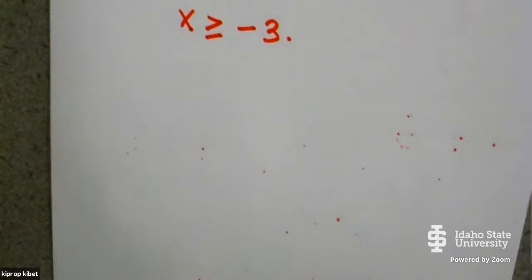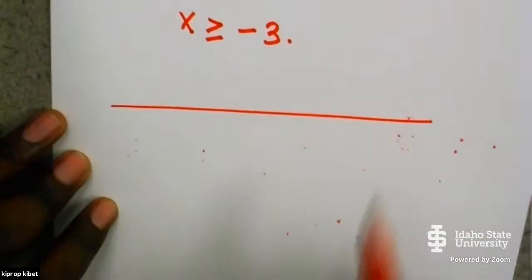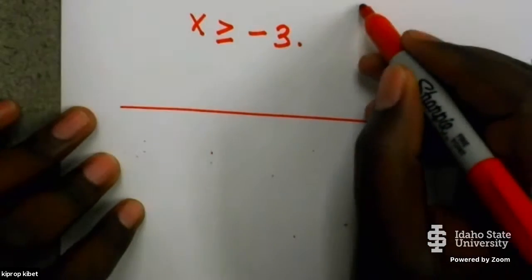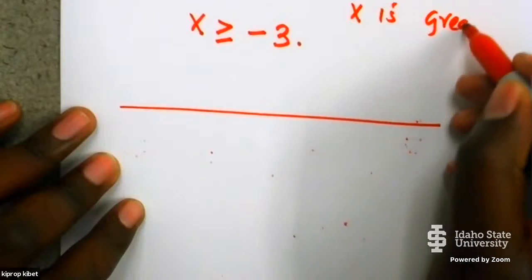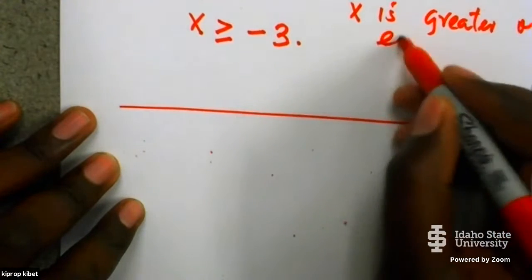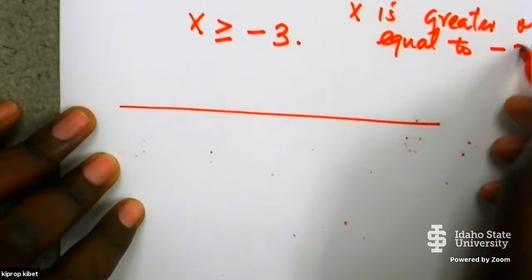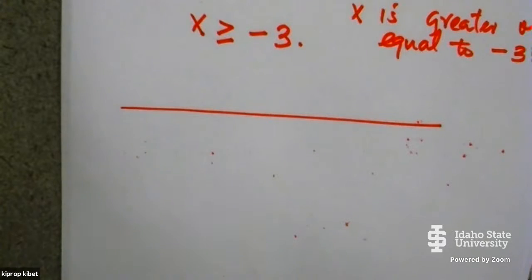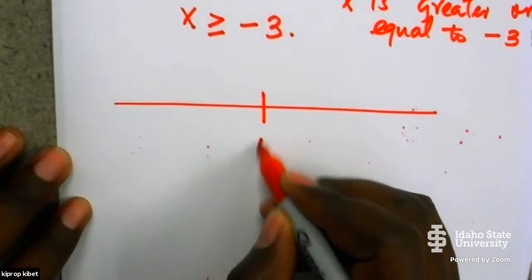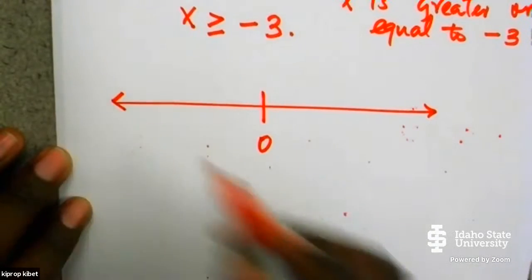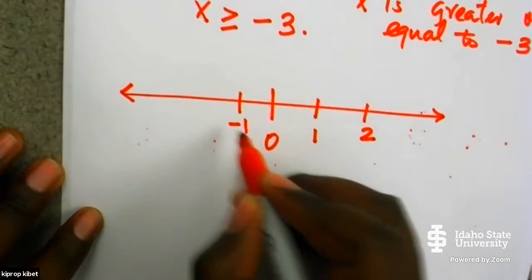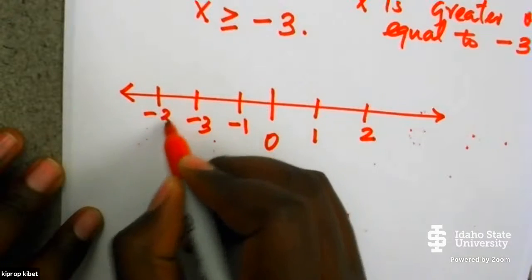The first step is to draw the number line, or you can start by naming it: x is greater than or equal to minus 3. Then you draw the number line. We have the 0 there, and then 1, 2, negative 1, negative 2.